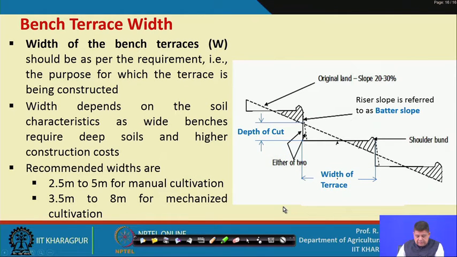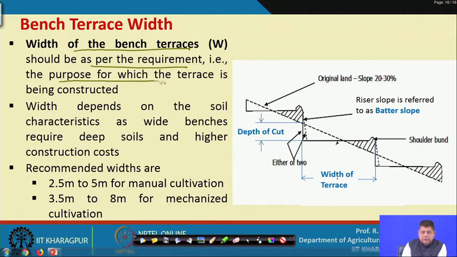Then comes the width of the terrace. Now, the width of the terrace should be as per requirement, that is, the purpose for which the terrace is being constructed. And obviously, because we want these terraces to be cultivated, the width should be sufficient to support cultivation, that is the fundamental.